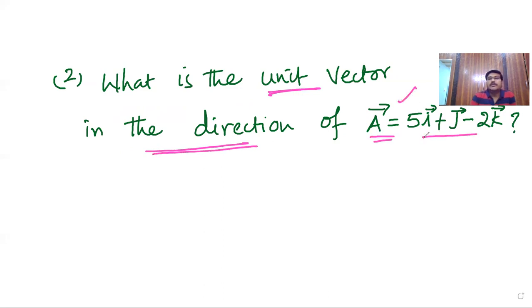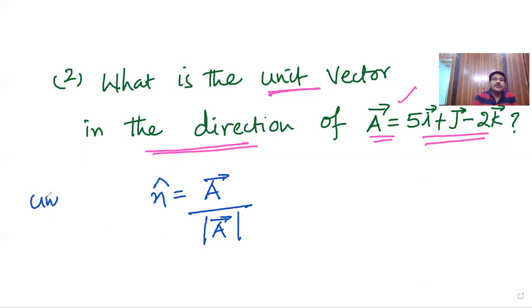This A bar is given to you. What was the definition of unit vector? In the earlier class, we have seen that the unit vector n cap for any vector A bar is A bar divided by the modulus of A bar. That is, the vector divided by the magnitude of that vector is the unit vector.